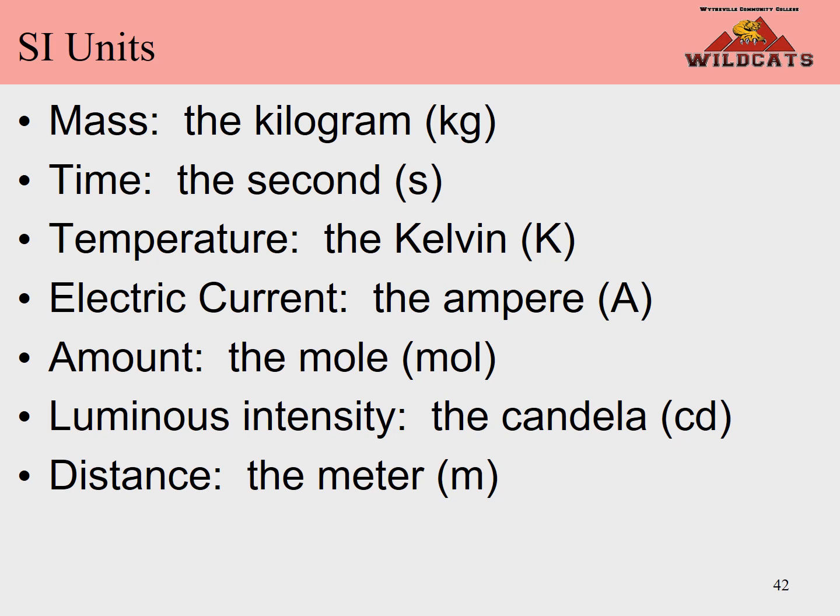Electric current is the ampere. We won't do a whole lot with that in chemistry. That's more for physics. The amount, the mole, that's the chemistry thing. We'll talk a lot about moles in chemistry. Luminous intensity is the candela, that's more of a physics thing. And then the distance is the meter. You'll notice there's no volume listed on here.